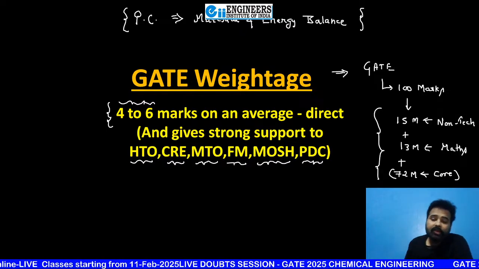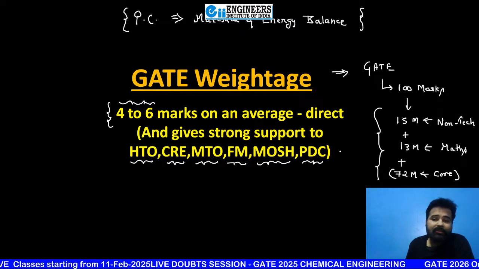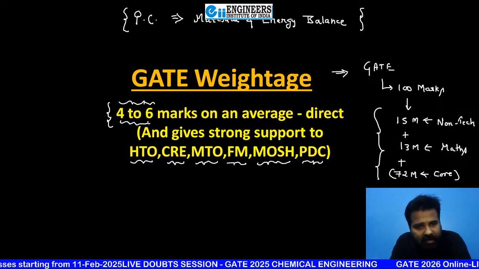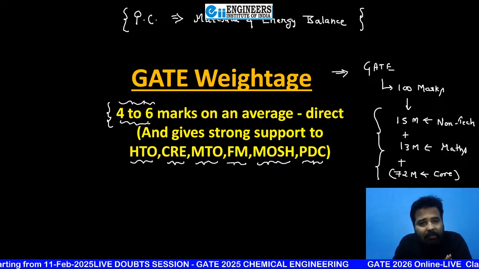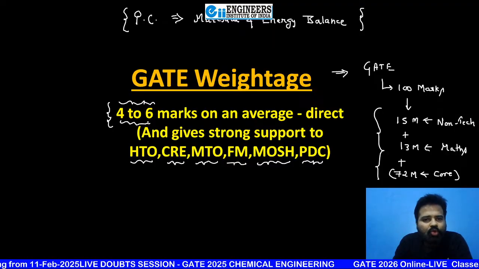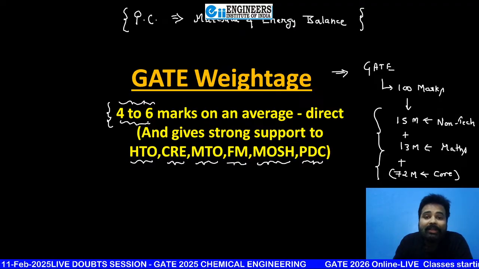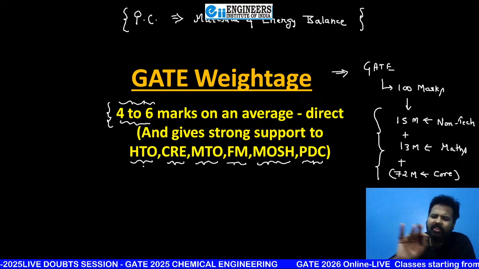That means if you are seeing, out of this 72 marks, this subject's weightage is very, very less. But again, I want to tell you, beta, in the whole paper, if you are very good in process calculation, easily you can solve just by applying process calculation.